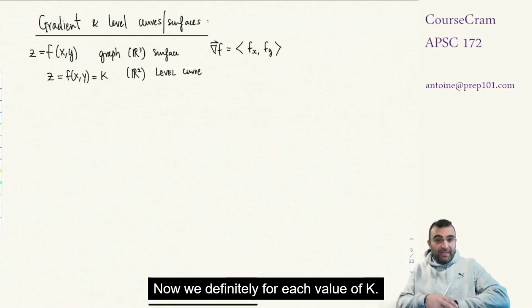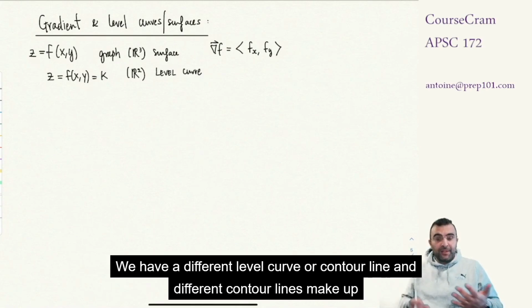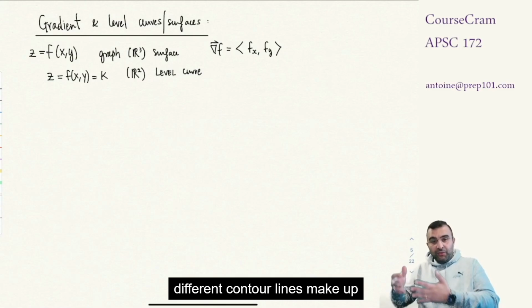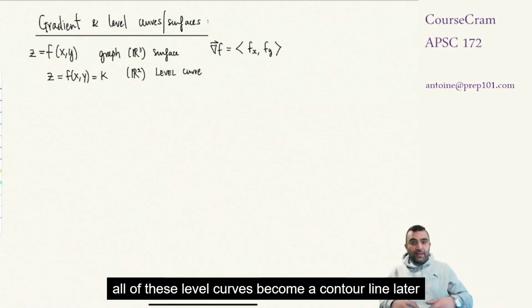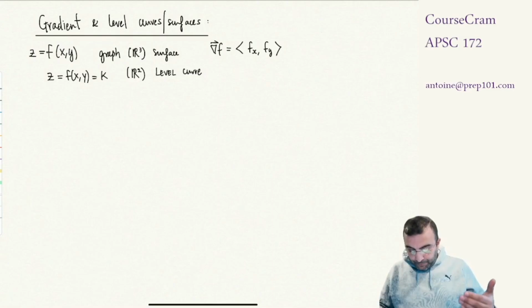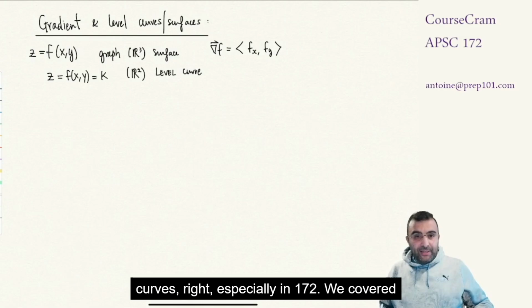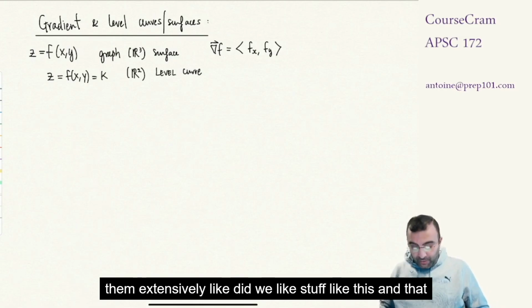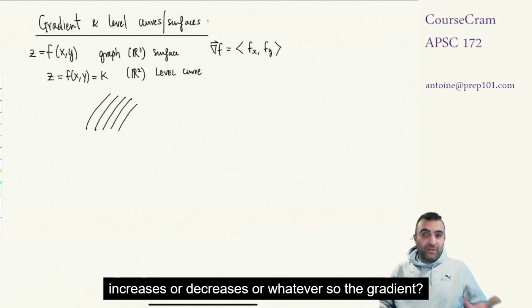For each value of k, we have a different level curve or contour line, and different contour lines make up a contour map. You've definitely seen level curves, especially in 172, where we covered them extensively. Like stuff like this, where z increases or decreases.